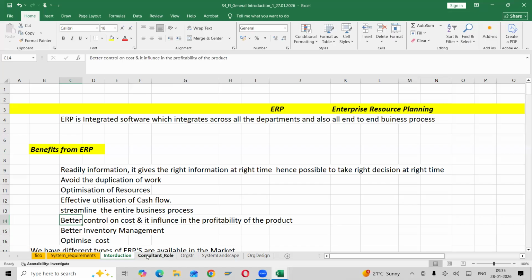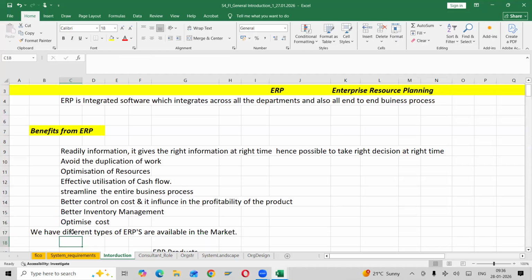Minimizing the cost and better inventory management: instead of overproduction, whatever demand is there, we know the market condition because all the departments are integrated. So we can produce the product according to market demand. We won't produce over or less. Clear? This is the reason.